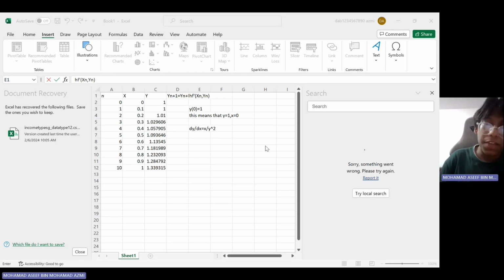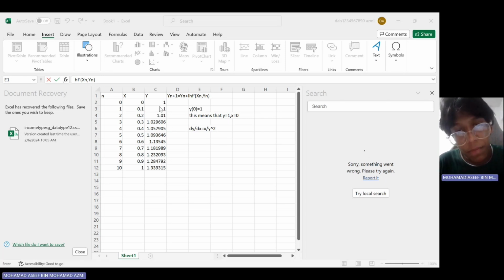Then for finding f prime of xn, yn, we use the equation dy over dx equals x over y squared and sub in x1, which equals 0.1, for x, and y1, which equals 1, into y squared. Hence, this gives us the answer of 1.01 for y2.